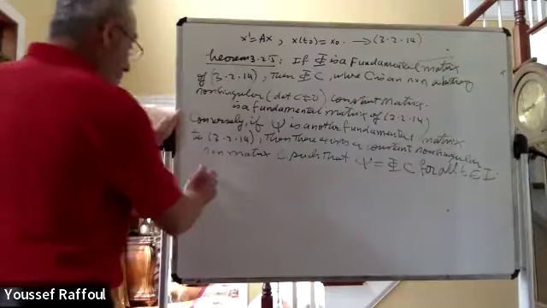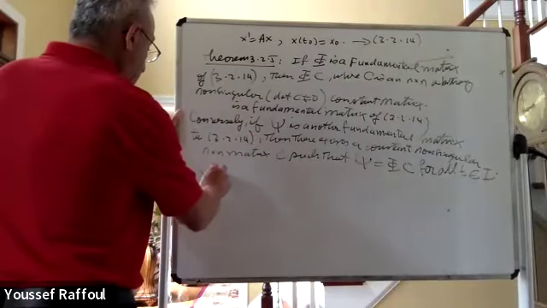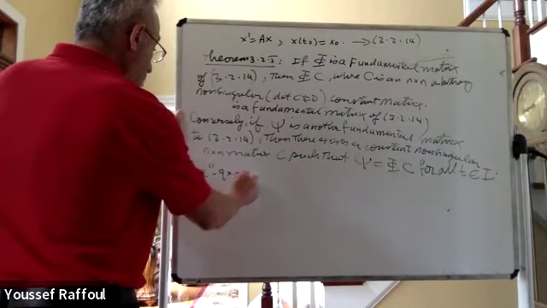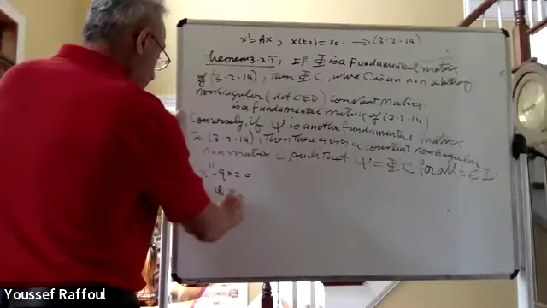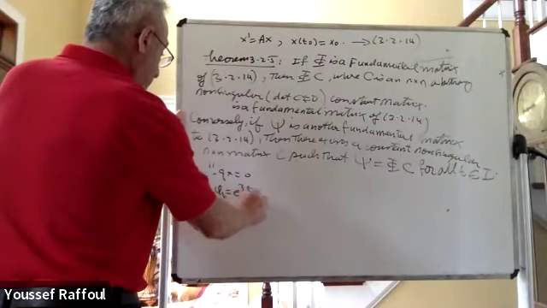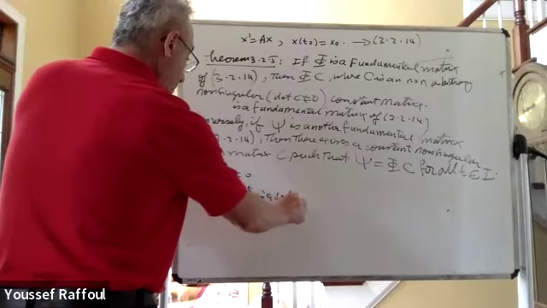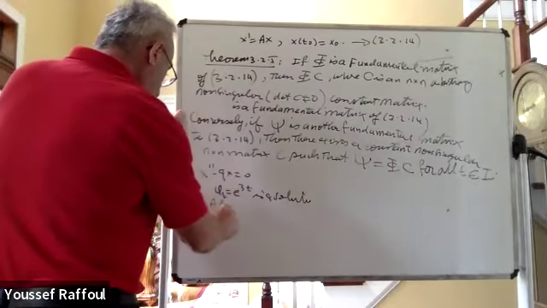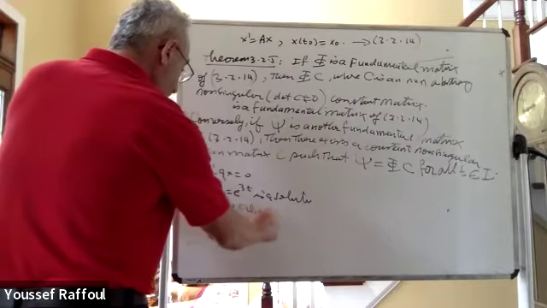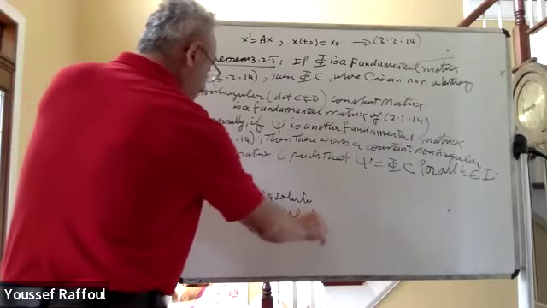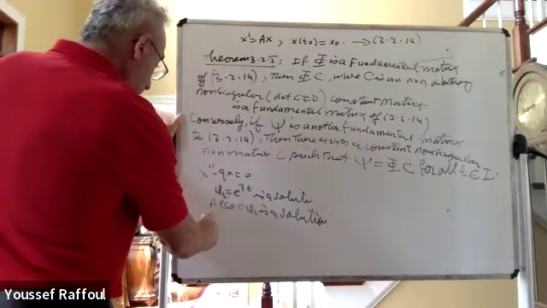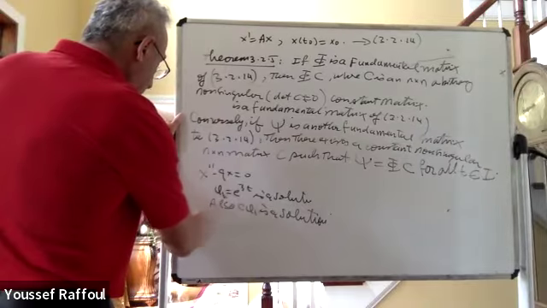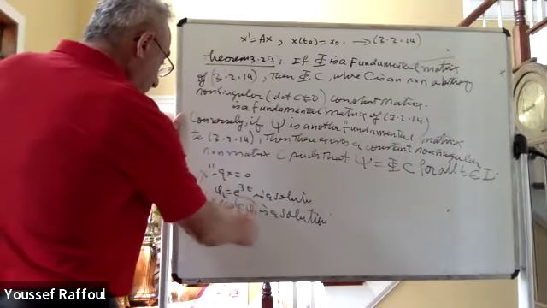All right, so look, when we did x second minus 9x equals 0, we got phi 1 is e to the 3t is a solution. Also, C phi 1 is a solution. Check it out. Put C phi 1 is also a solution.